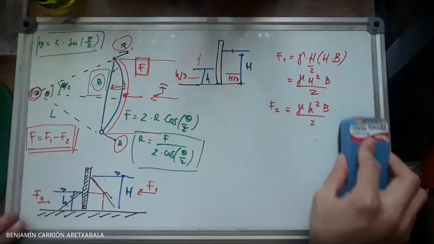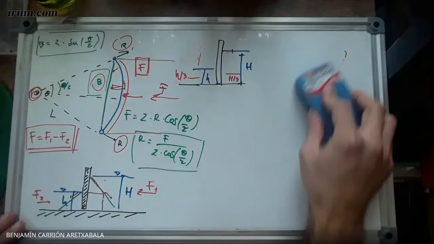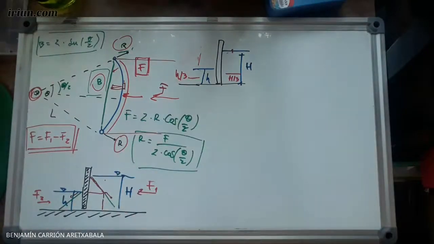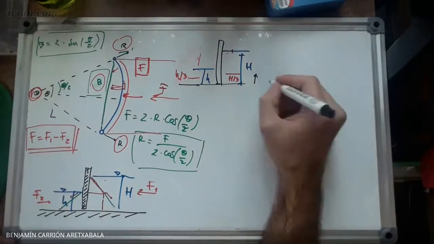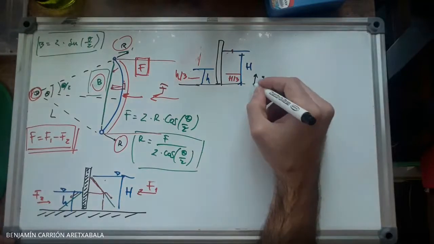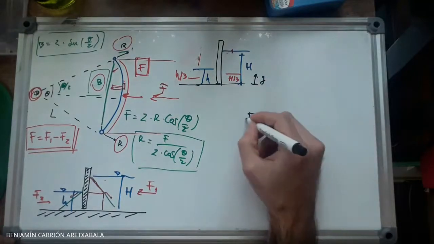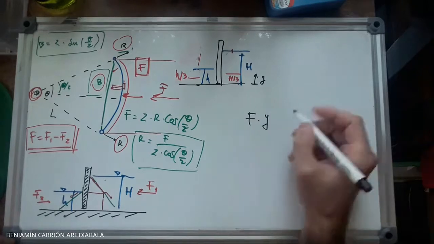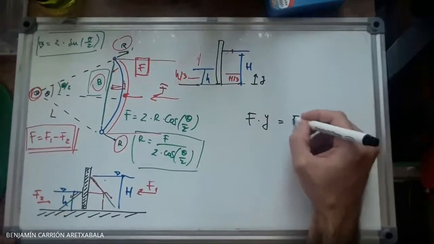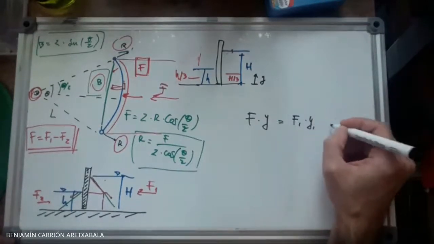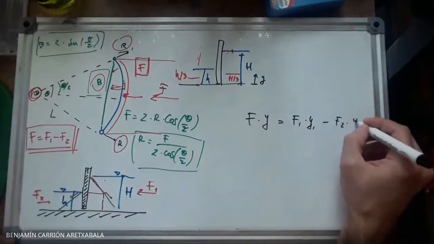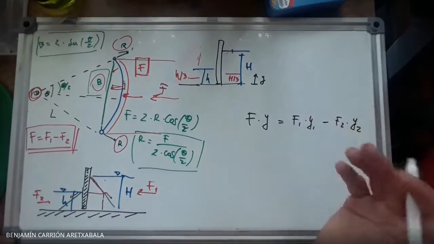You could use that as a given. So if you use that, then the total point of application measured from the bottom, I'm going to call this y, but from the bottom, times F has to be equal to F1 times l1 minus F2 times l2. This is just a torque summation.